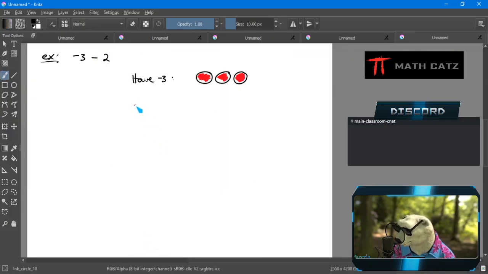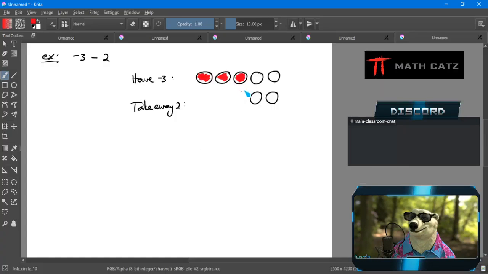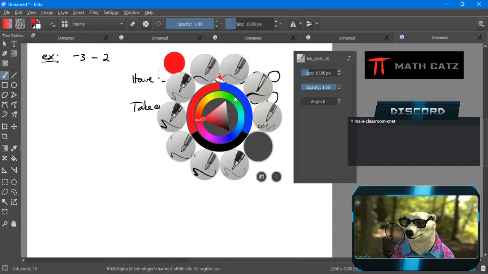Then my instructions say remove 2 positive chips. But I can't. I need to take away something that I do not see. In order to see it, I need to bring in some positive negative pairs. A red and a blue.